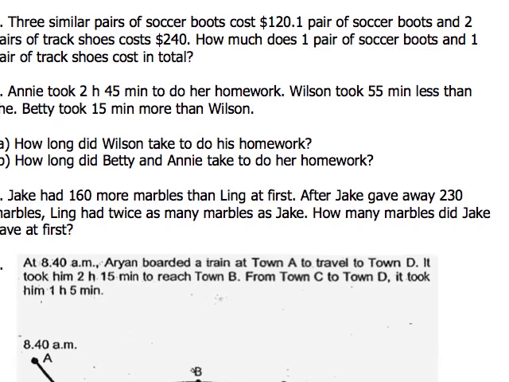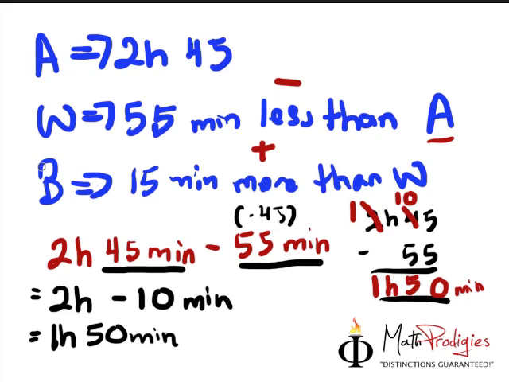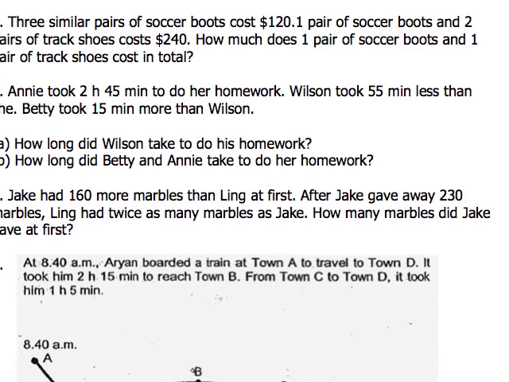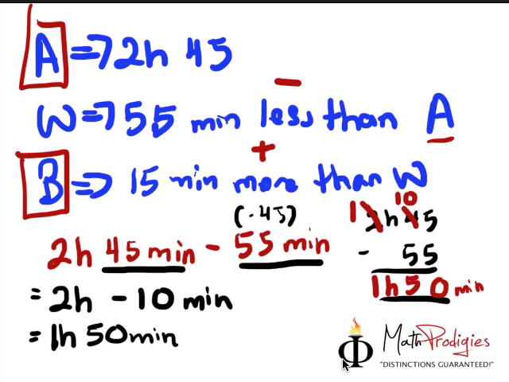So let's try for the second part of the question. It says, how long did Betty and Annie take to do their homework? How long did Betty take? We don't know, right? It's 15 minutes more than Wilson. So 1 hour 50 minutes for Betty, plus another 15 minutes.